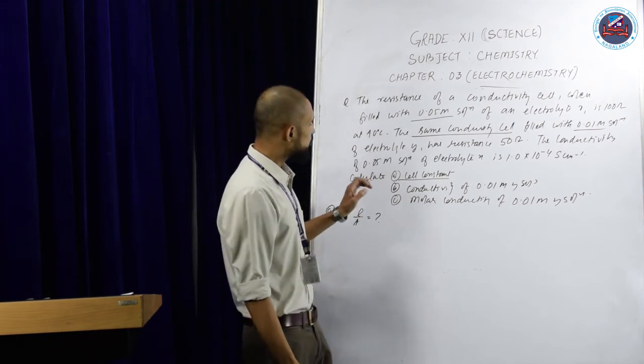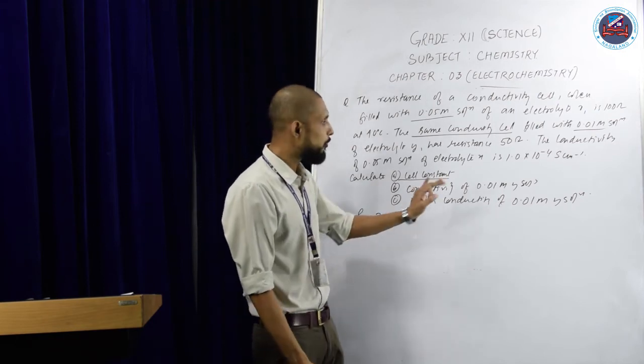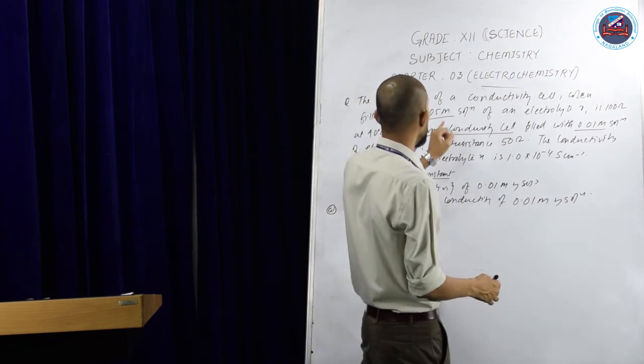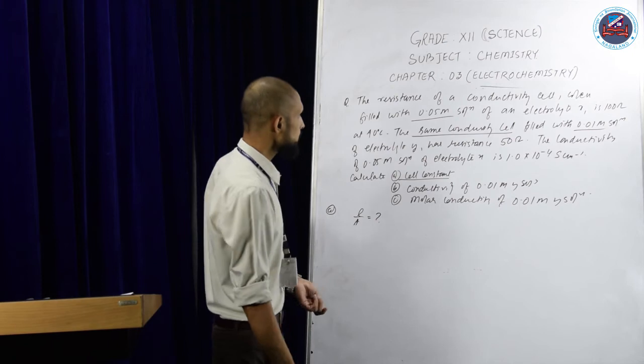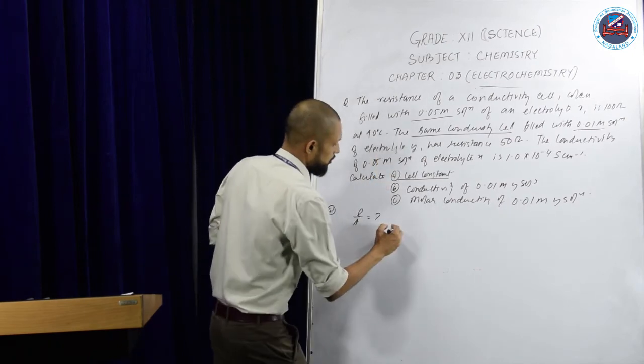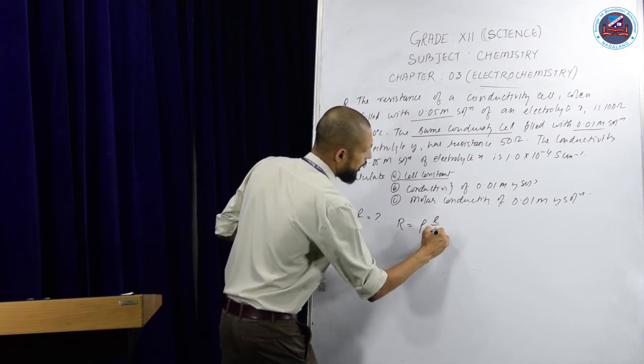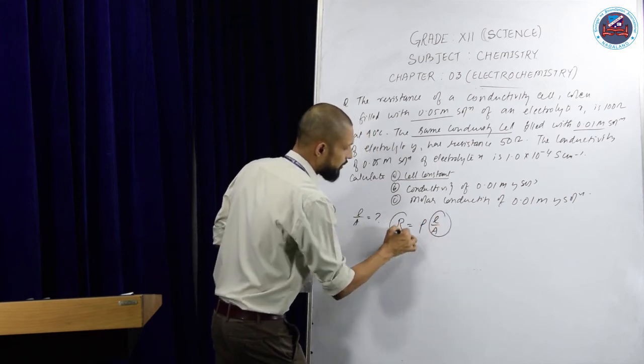That means the cell constant will remain the same for both 0.01 and 0.05. So let us use the formula R equal to rho L by A. R is given.